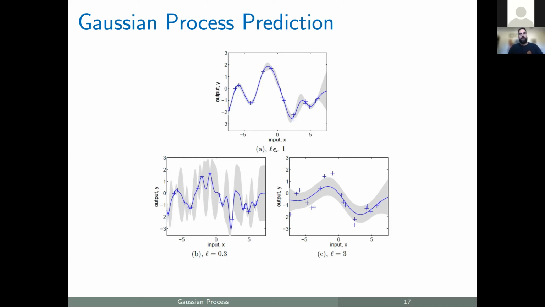For different values of the parameter L, you can get something very smooth with reasonable looking uncertainty bands. You can get something that wiggles a lot and interpolates, going directly through the data you observe, or you can get something that really smooths out your data and your process. So they're very flexible models as well.